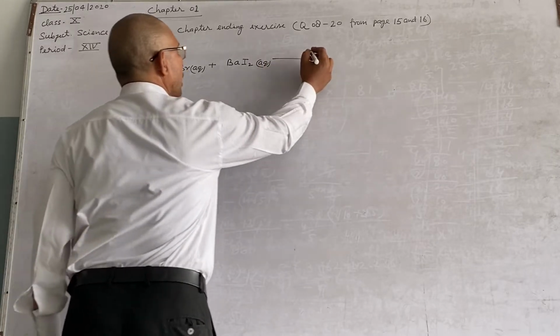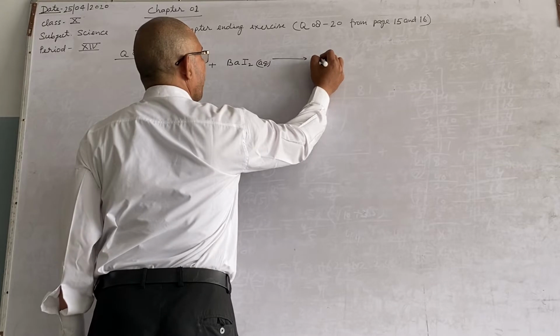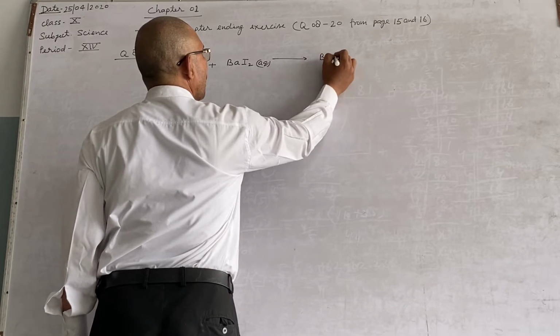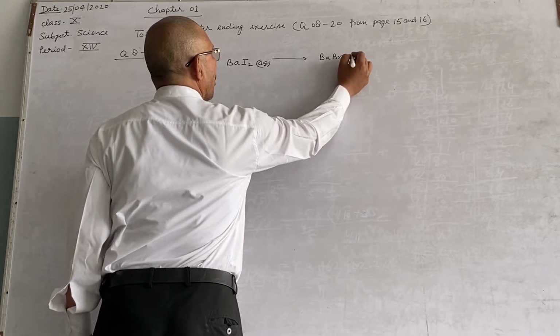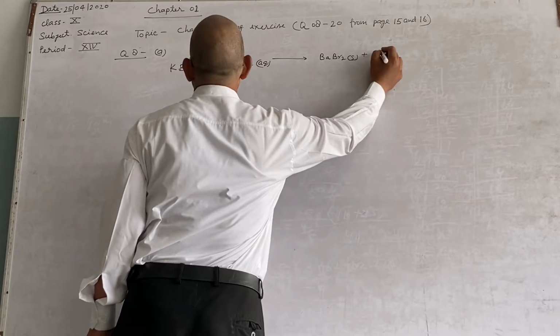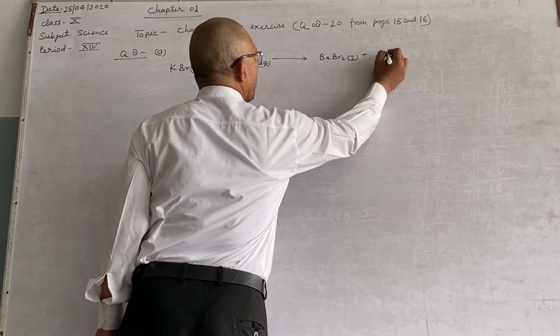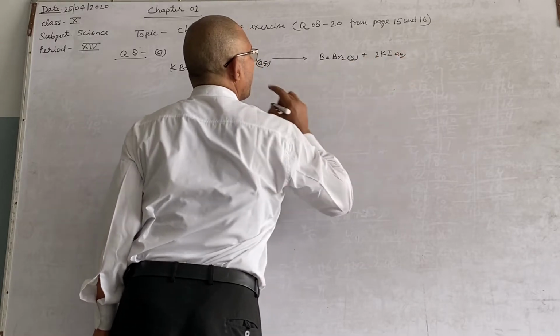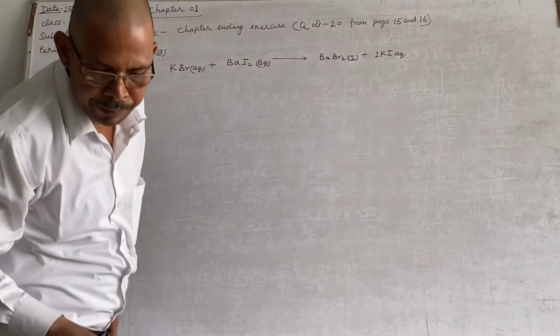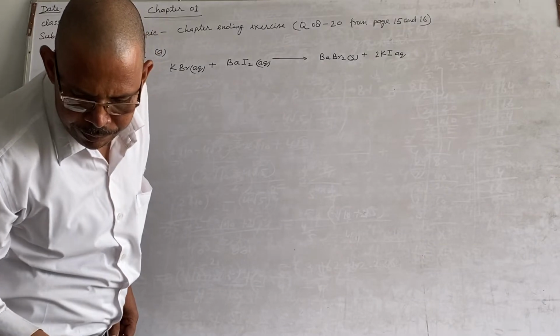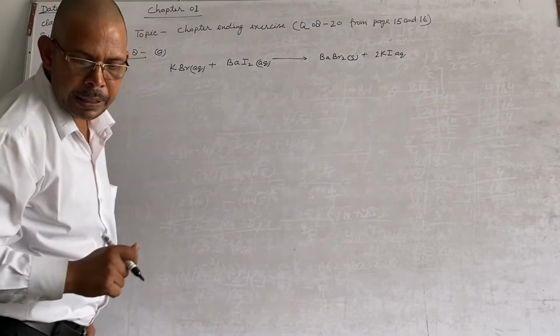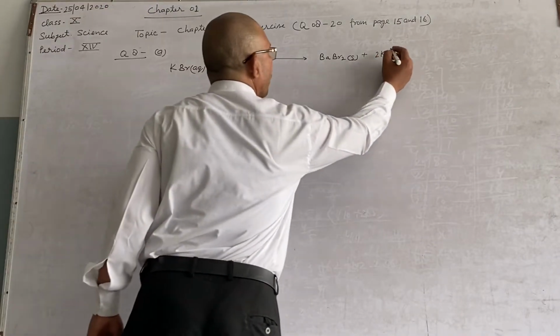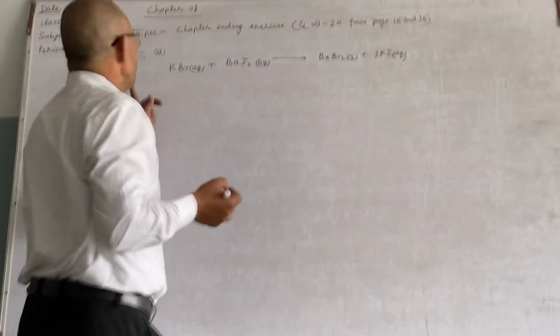After reaction, they produce barium bromide solid plus potassium iodide aqueous. Right? This is your balanced chemical equation, and see the type of reaction here.